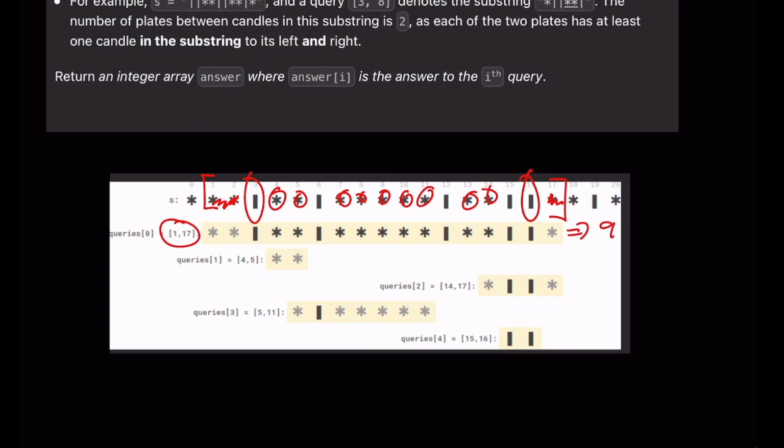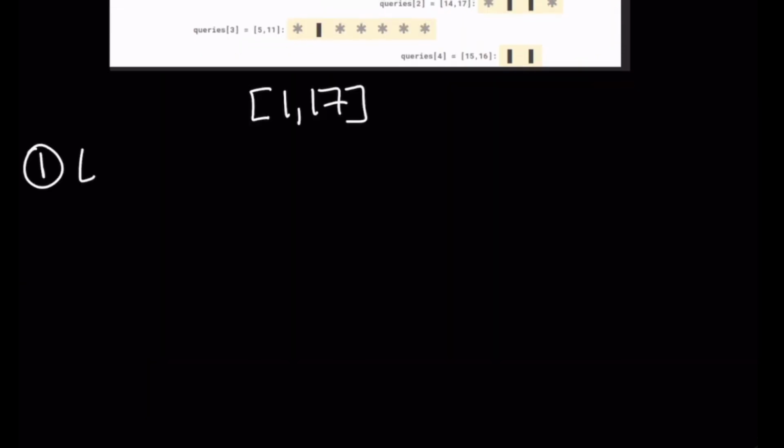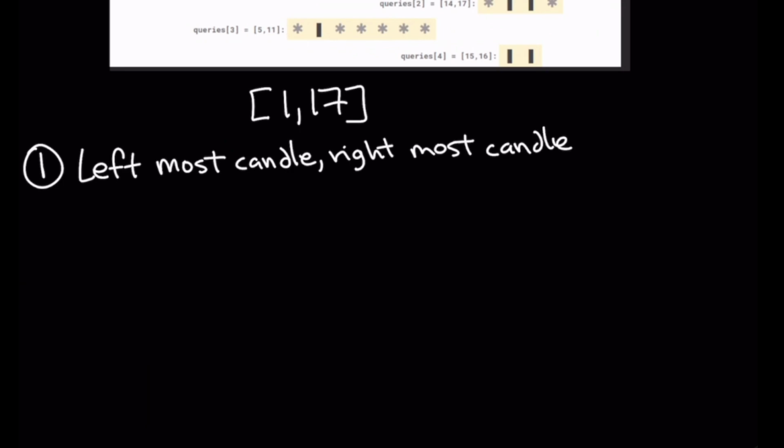In order to derive the answer for the query 1 to 17, there were two important steps in order to solve the question. In a given query of 1 to 17, first, we had to figure out what the leftmost and the rightmost candle is for a given substring.